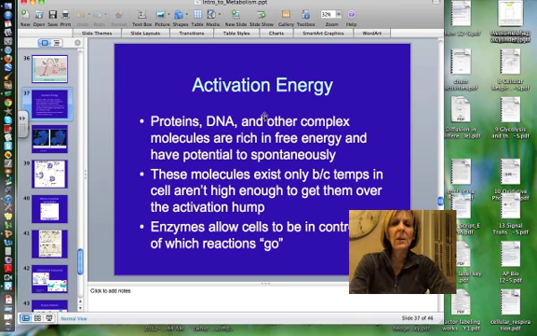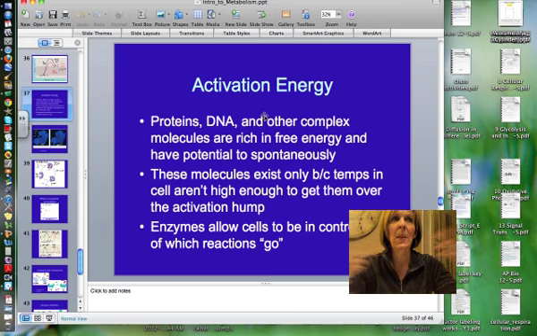So what is going to happen is that we're going to see that in a cell, you have lots of larger molecules that are full of potential chemical energy that would like to go spontaneously through their chemical reactions. But they exist in the body.